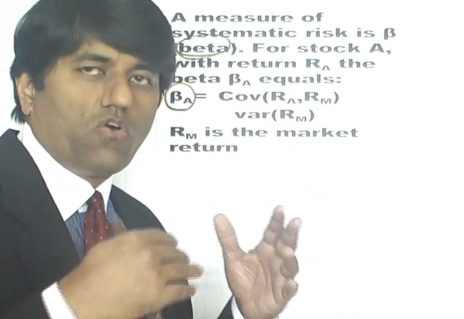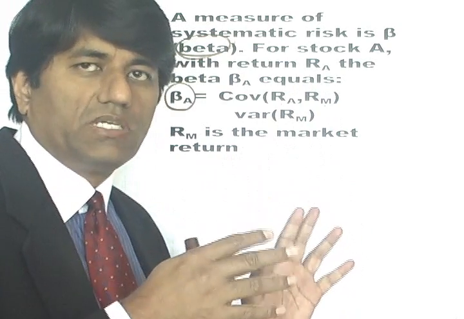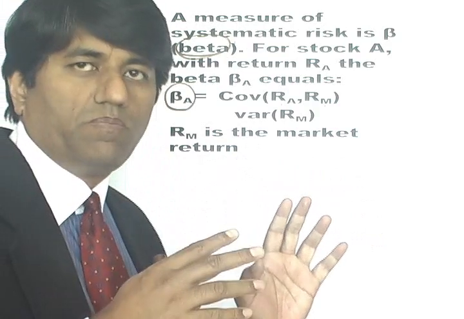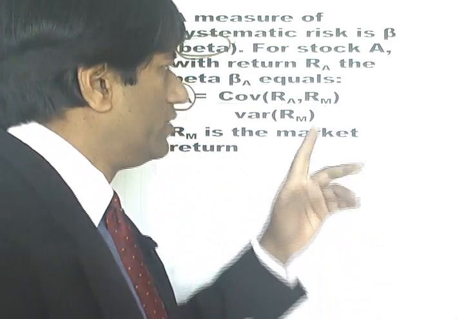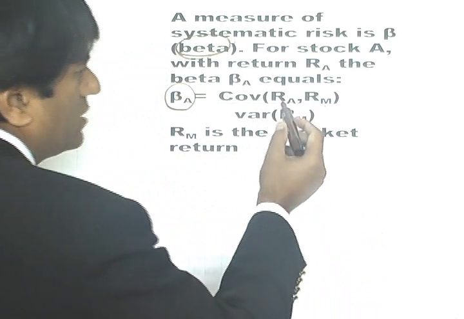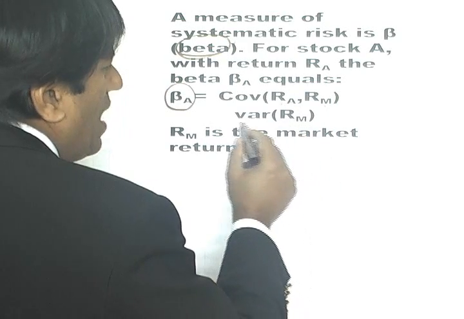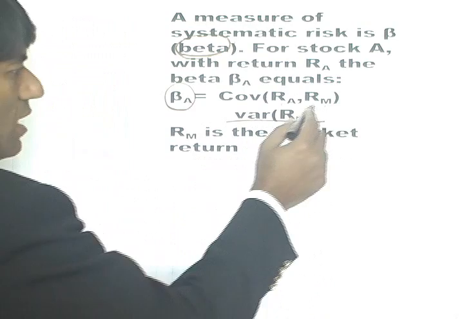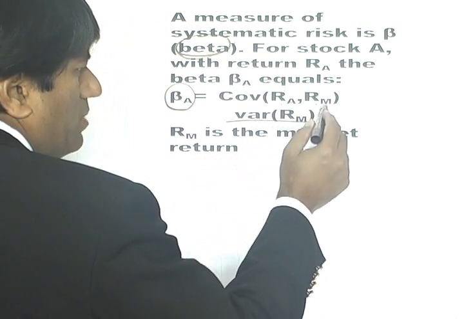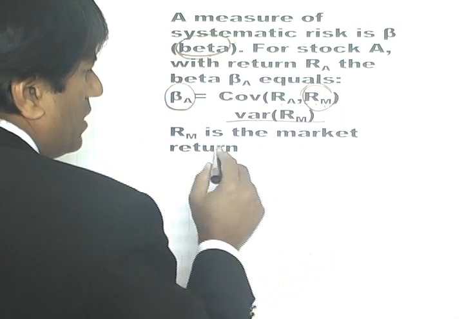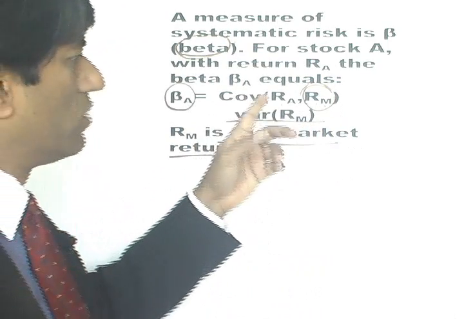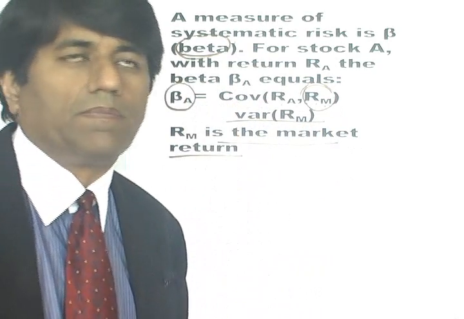You can measure covariance by looking at deviations and following a process similar to that when you calculate standard deviation. So you calculate the covariance between the market and the asset, and you divide that by the variance of the market. And here, Rm is the return to the market, and that's what you're measuring the covariance of the asset with.